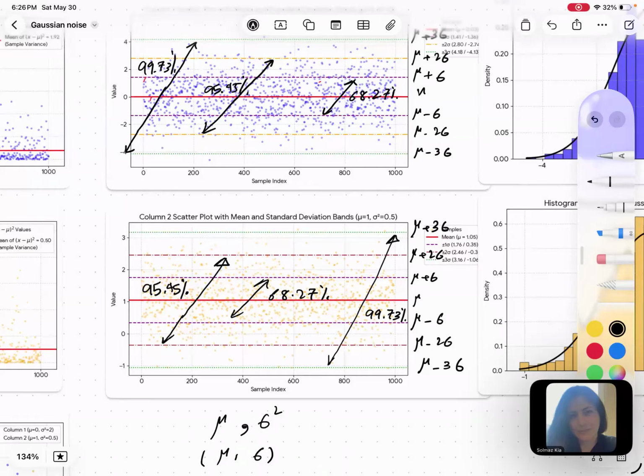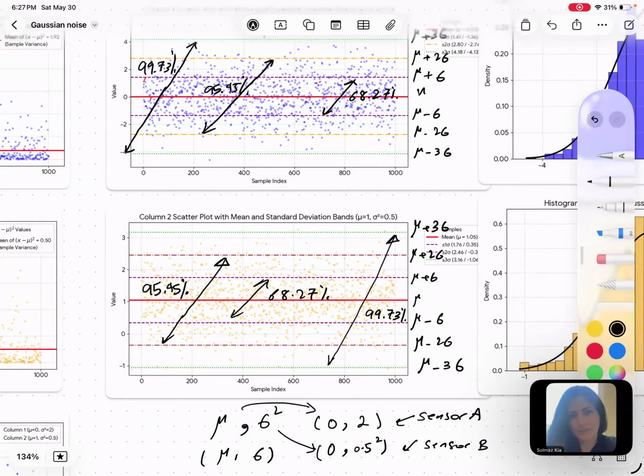So for example, in case of our sensor number 1, this was 0 and sigma 2 was 2. This was sensor A, and this is sensor B, 0 and 0.5 to power 2, if I remember it right. So this is this sigma 2 value.